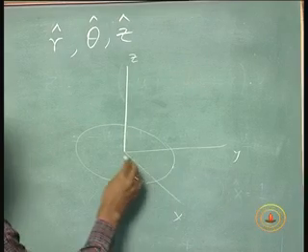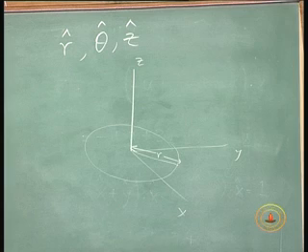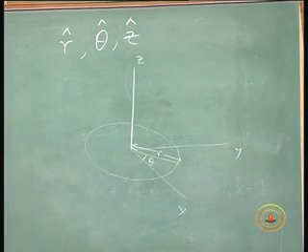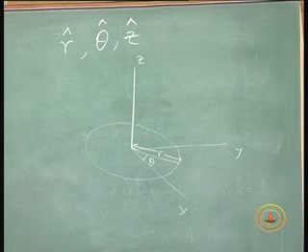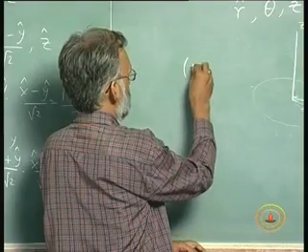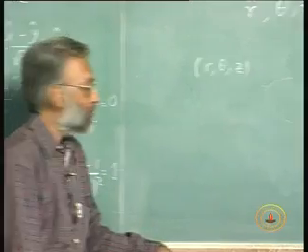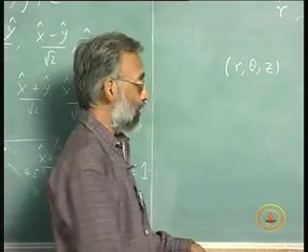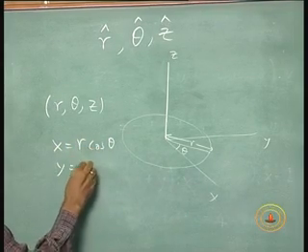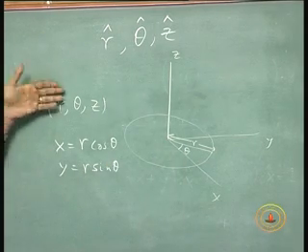Any point I say has a radius r and an angle with the x axis theta. So, any point in 3-dimensional space can be captured by specifying r, theta and z. We know we can do that because x is equal to r cos theta and y is equal to r sin theta. So, if I can specify a point in x, y, z, I can specify it in r, theta, z.